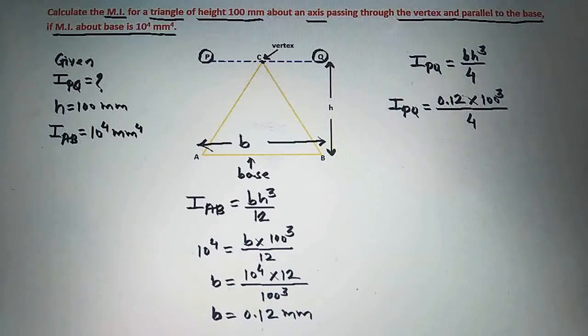If we calculate 0.12 into 100 cube divided by 4, we get the answer IPQ is equal to 3 into 10 raised to 4, and the unit will be mm raised to 4, because IPQ is the moment of inertia. So IPQ is equal to 3 into 10 raised to 4 mm raised to 4, and this is the moment of inertia for a triangle about an axis passing through the vertex and parallel to the base. So this is the solution of this problem.